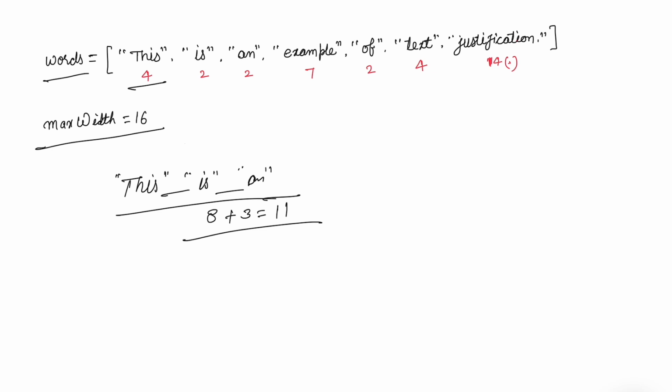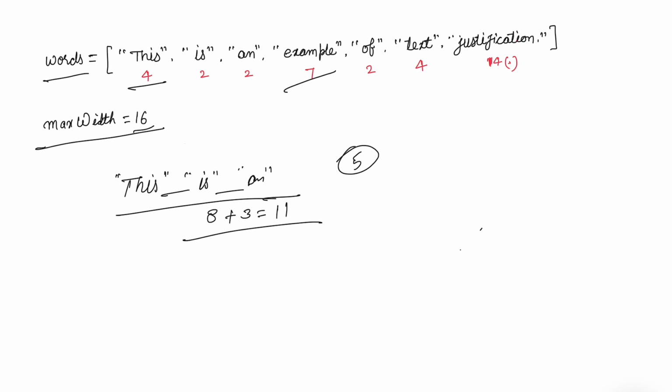Maximum width is 16, and how many are left now? 5. And the next word is of 7 characters. Can this word come inside of this sentence? This word, example, if it comes inside this sentence, then its length will be 18, which is more than 16.